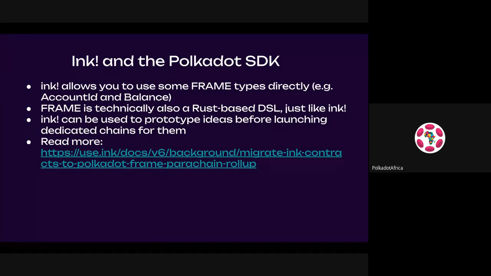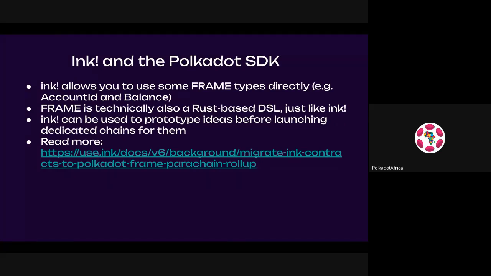Number one item on the list is the fact that ink gives you access to some FRAME types. What is FRAME? FRAME is like a framework within Polkadot SDK, for, let's say, building pallets, building modules within Polkadot SDK. And there are some custom types in this framework.